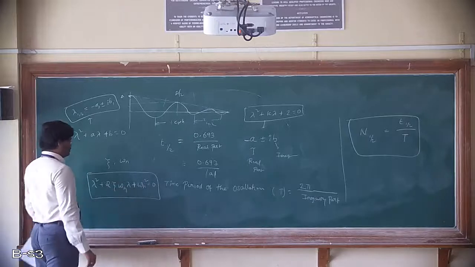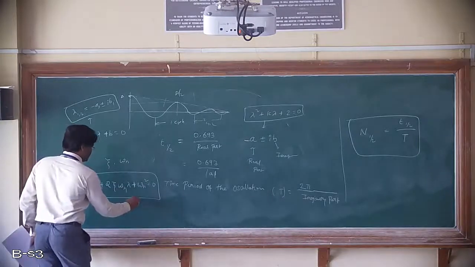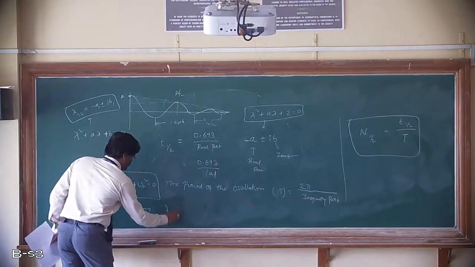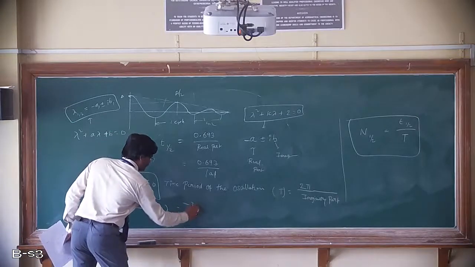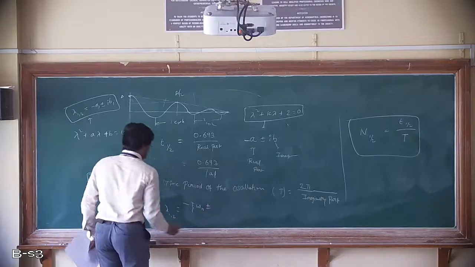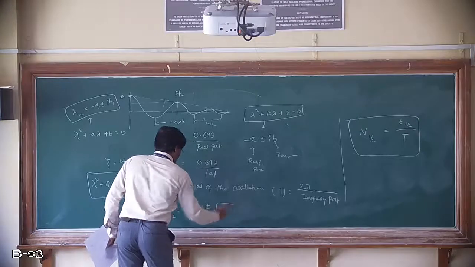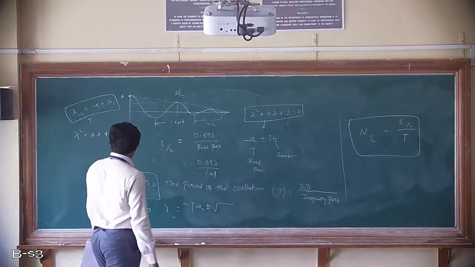Simply, you can compare easily. 2 zeta omega n is nothing but the real part. So if you solve this, you will get lambda 1, 2.